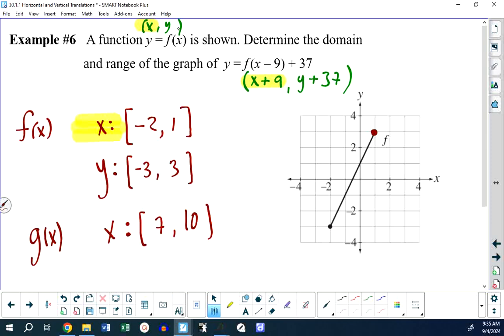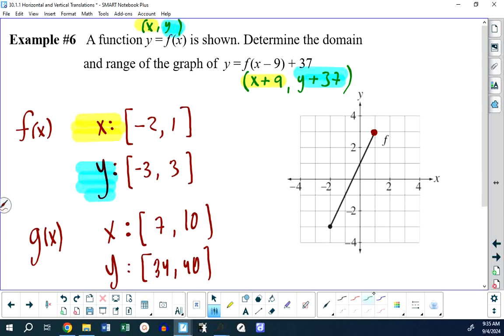And my y? Well, for my y, what I need to do is use a different rule. I need to use this rule. So I take negative 3 and I add 37, and I take positive 3 and I add 37. How's my addition?